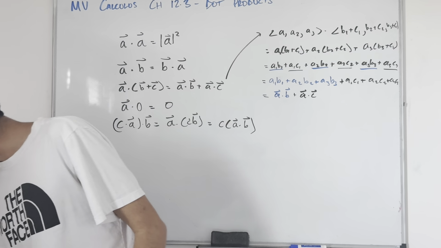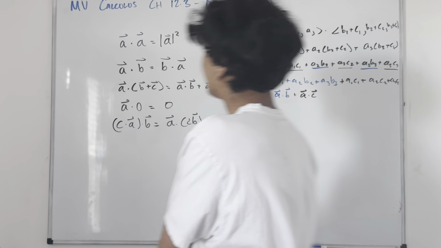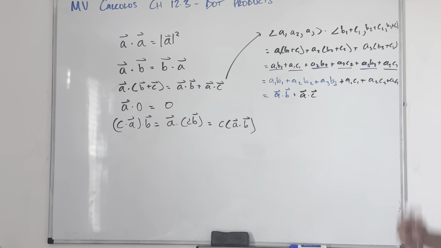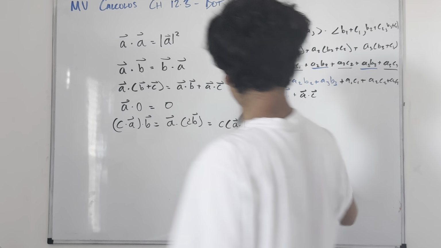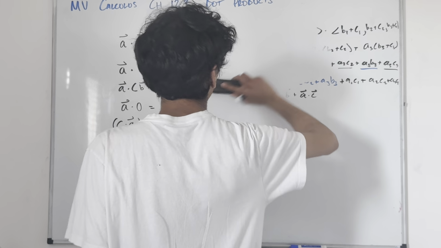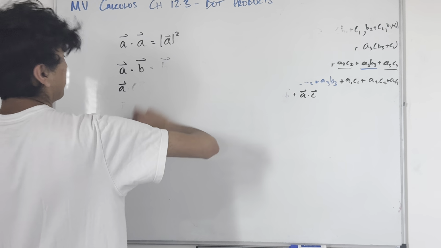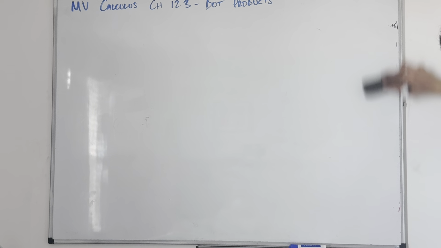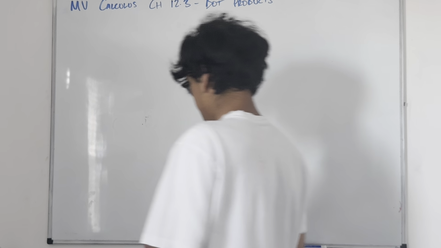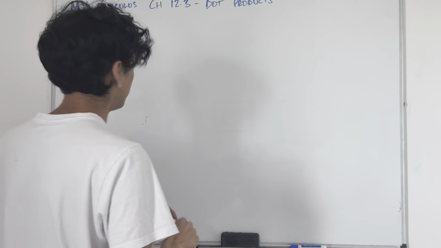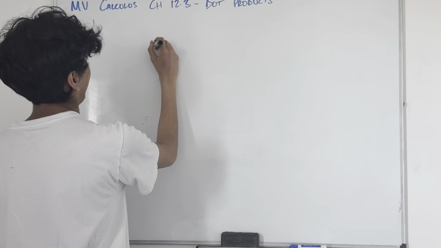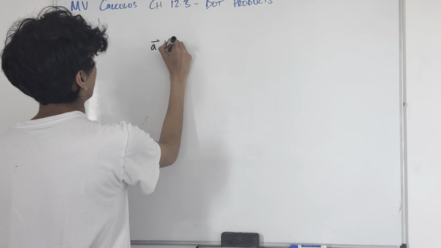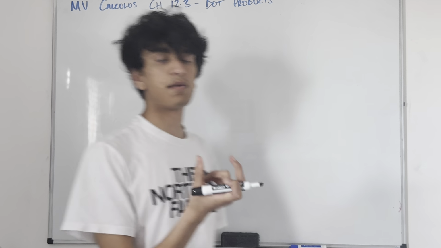So I know it was a little long, but now the next thing with dot products is, I think this theorem might have a name, maybe not, but it's basically the idea that if you take A dot B, remember, you can only do dot products with vectors.